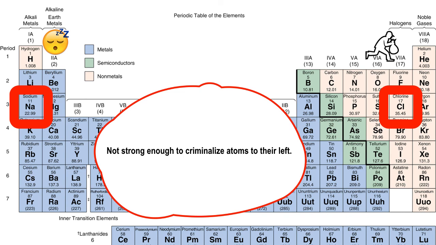Those atoms in there, they're not really strong enough to criminalize the atoms to their left, all right? But they still form molecules, and those molecules are formed not by stealing electrons, forming a positive and a negative ion, but by sharing electrons. And that is a quantum mechanical effect that we call covalent bonding. And that's the topic for the next lecture.